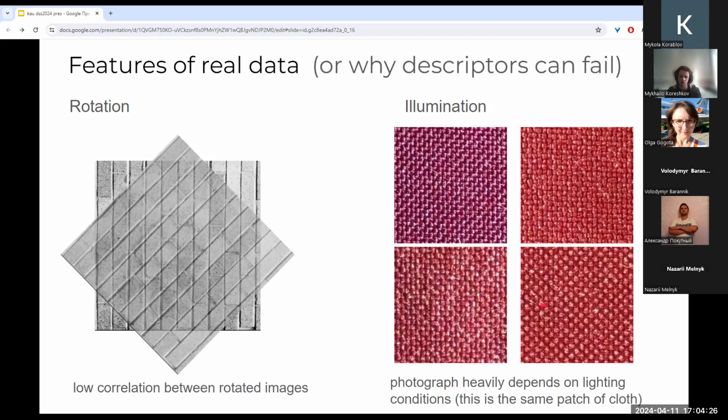Even from a human perspective, these are kind of different textures. So in real data, lighting is really important. For example, for some experiments, when you are trying to decode the three-dimensional structure of your texture, you definitely need to light it from different directions, not from one, not from above, not from the side, but from different directions.